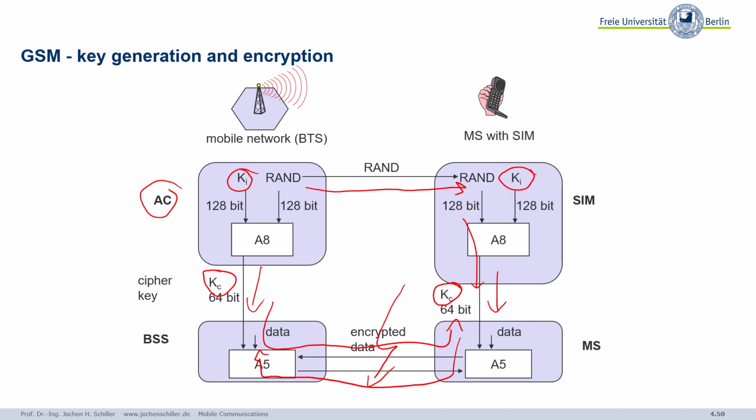Additionally, this key was artificially weakened by setting some bits to 0, which weakens the key, so that some services could actually listen into the conversation. So this is not end-to-end encryption. This is only a certain kind of encryption between the mobile station and the BSS.